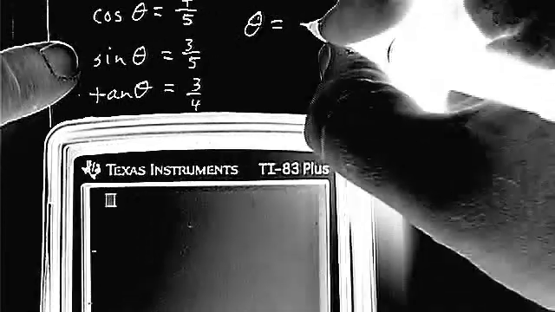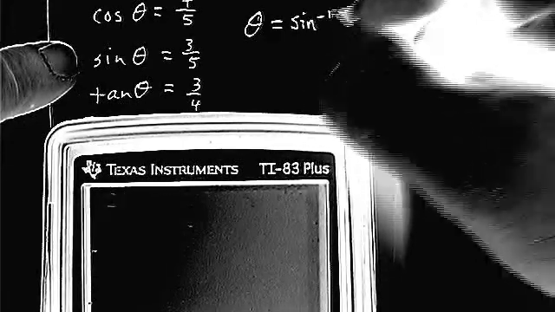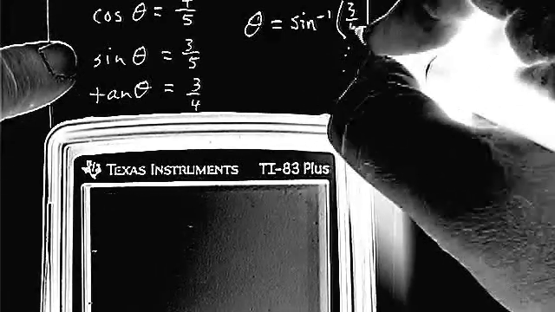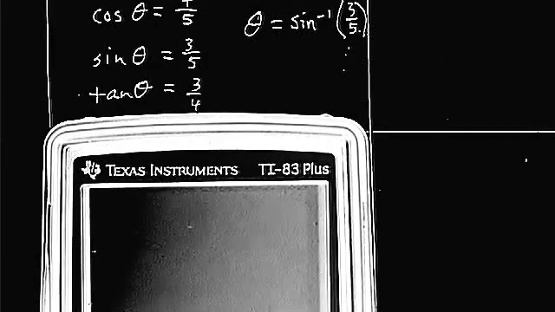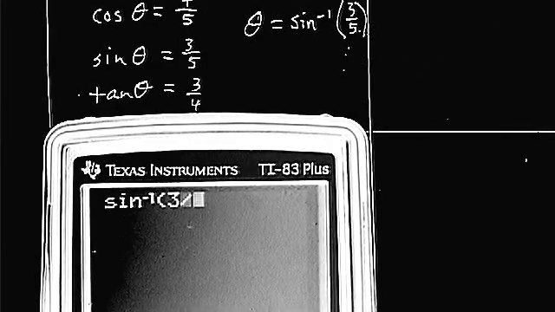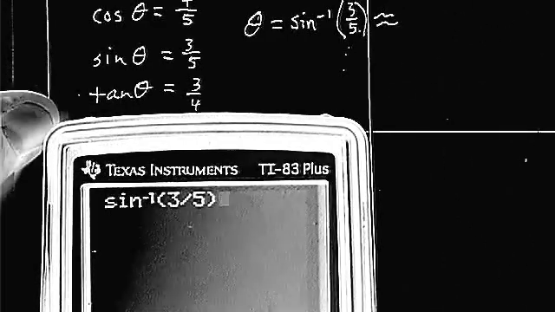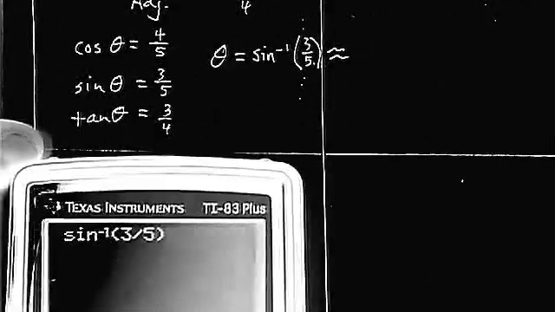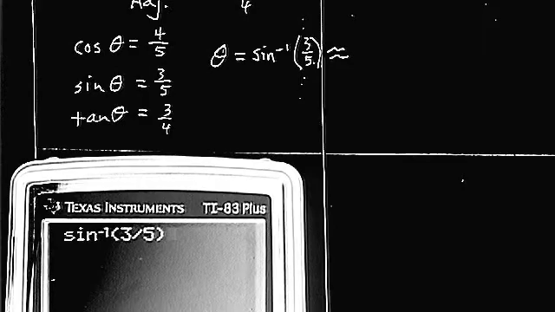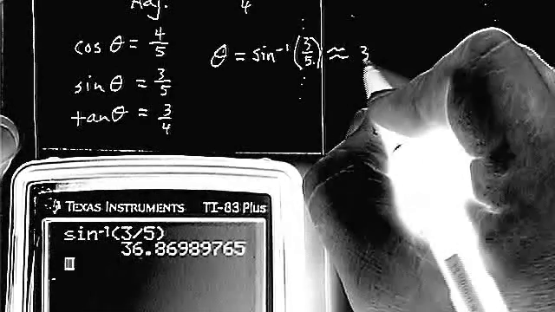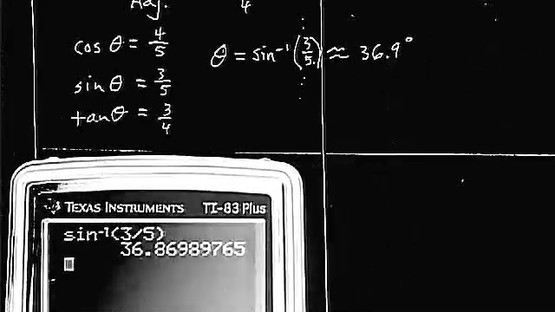Take the inverse sine, right? The inverse sine of 3/5. So sine inverse 3 divided by 5, and what approximate angle measurement do we come up with? 36.9 degrees.